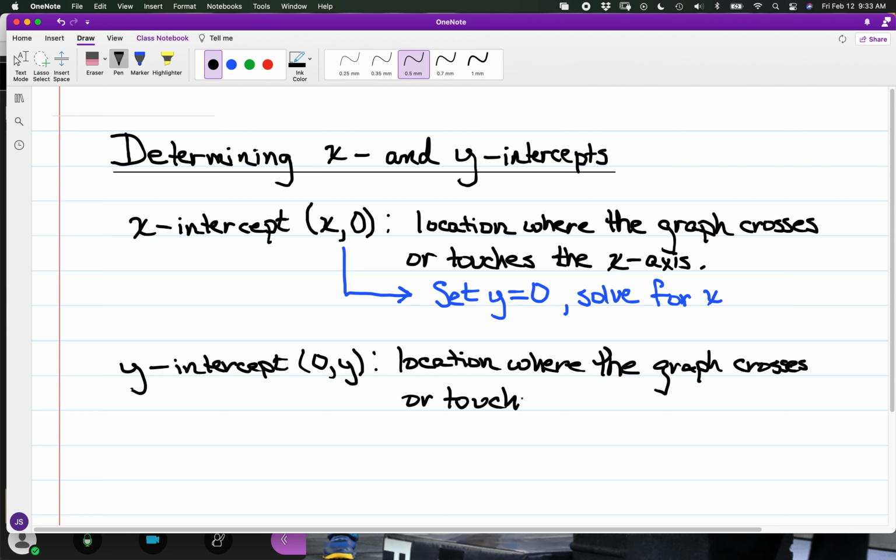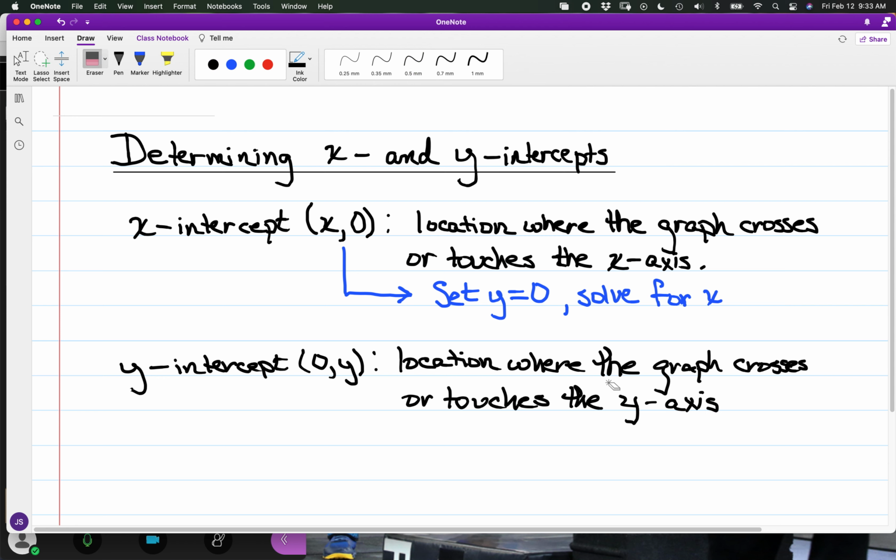And once again, for each point the ordered pair will be of the form x, y. So for the y-intercept, we have that x is set to 0.